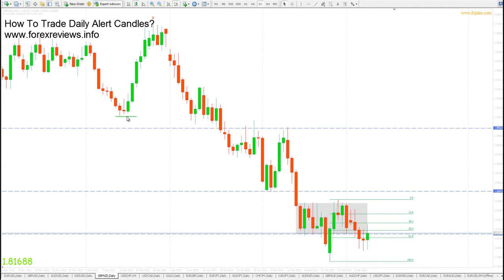Okay, so you see how we got this bullish candle here that went above these two candles, went higher than these two candles? That meant that that was a good entry, right? So you entered 9 pips above, make sure, and you ride it up to the next alert candle, which is 412 pips. Okay?